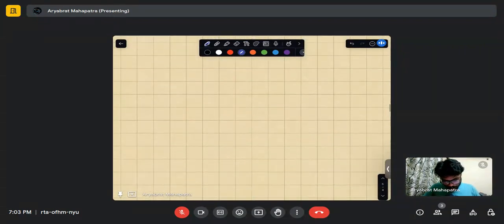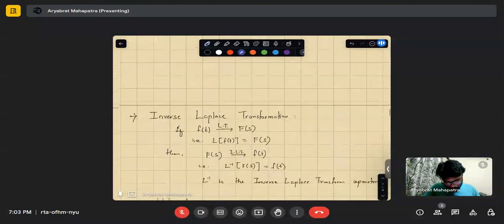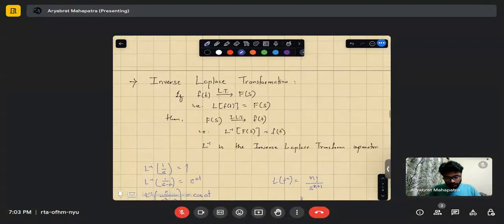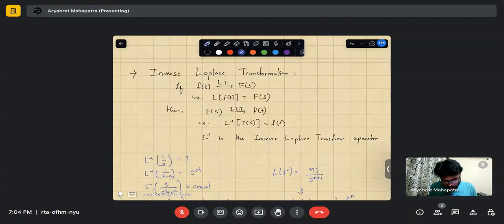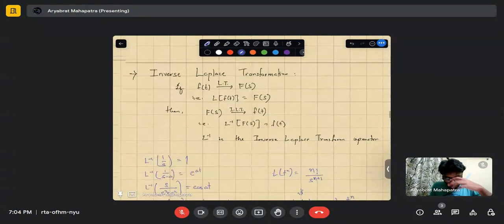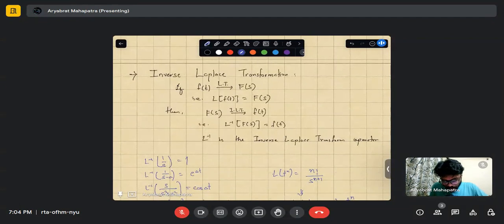So the next part is about the inverse Laplace transform. After you do the Laplace transformation, you go from your variable t domain to your variable s domain.